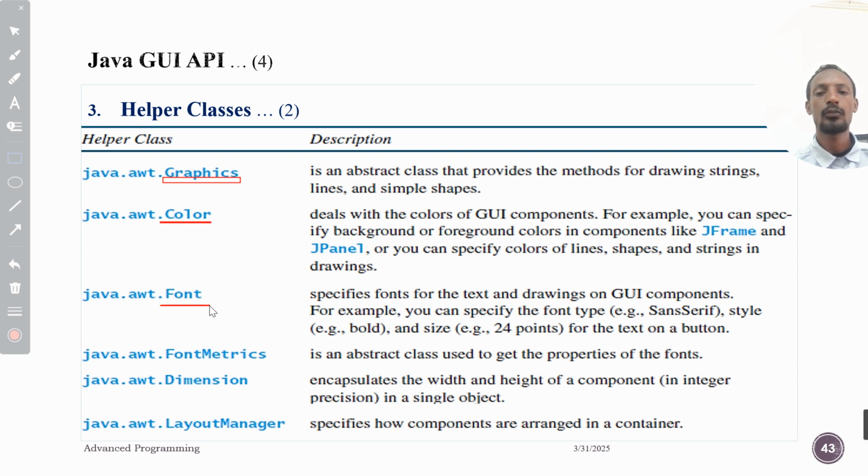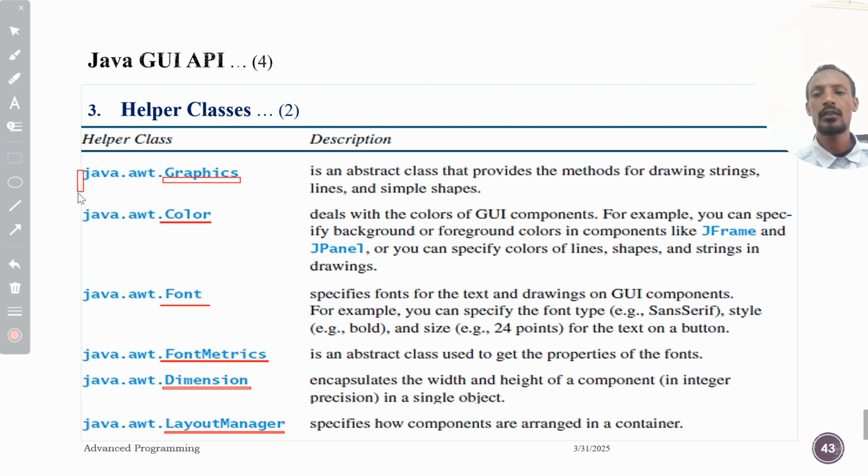Font specifies the font for text and drawings on GUI components. FontMetrics, an abstract class, is used to get the properties of the fonts. Dimension encapsulates the width and the height of the components with integer precision in a single object. And finally, LayoutManager specifies how components are arranged in a container.